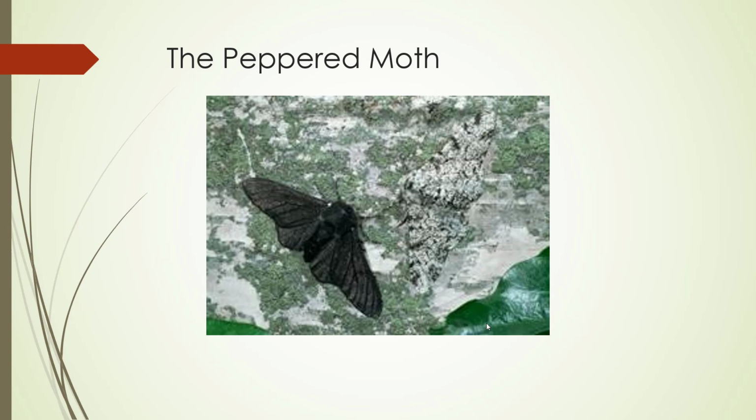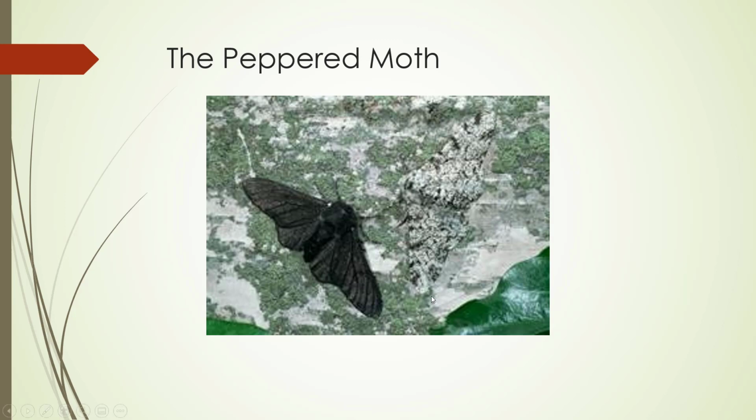So again, let me go over this. Peppered moths have two varieties, black and the speckled variety. This is a moth that existed in England. I won't test you on this specifically, but you need to understand what's going on. The change in the environment was that the lichen that they lived on died.